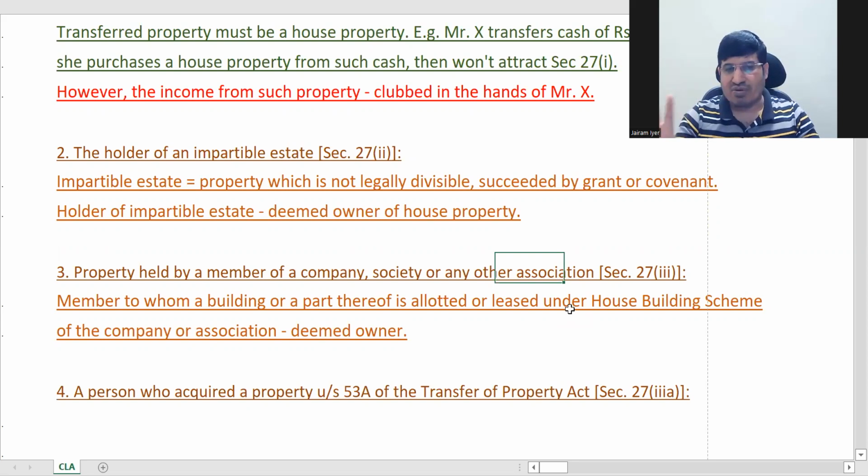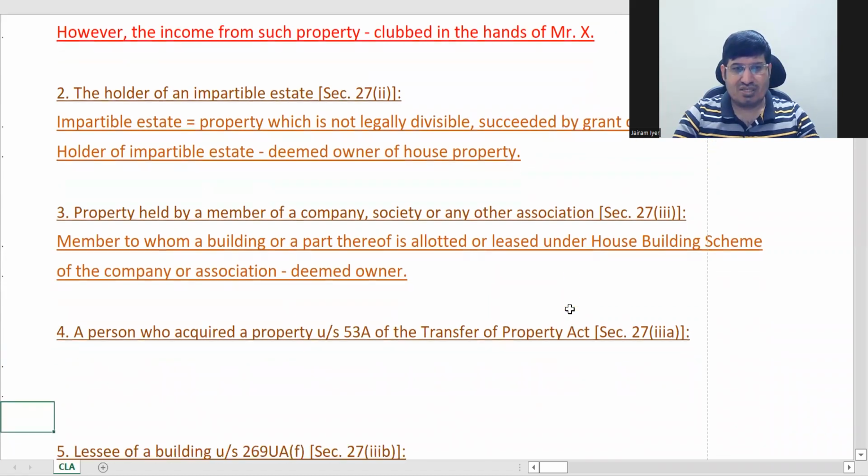Same point. There it was a society, here it is a real estate company. That's all. So for property held by a member of a company, society or other association, he will become the deemed owner. This is just to make sure that the person who is owning that house is paying the rent.